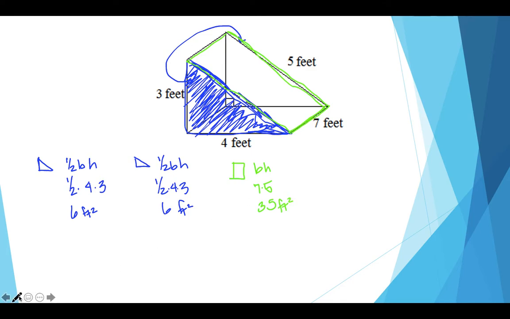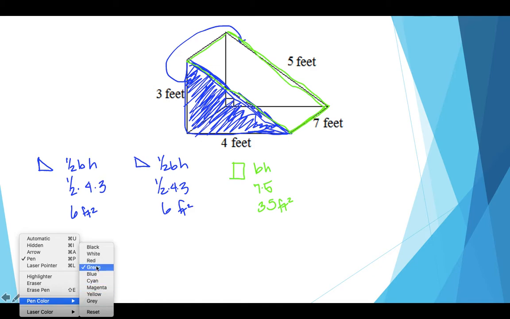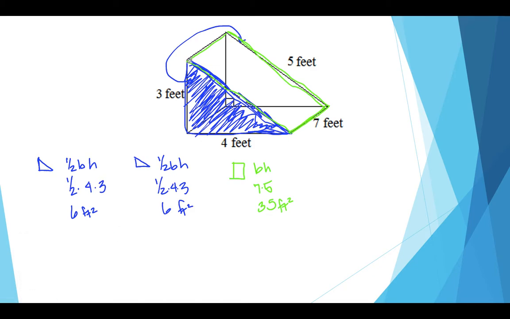Okay, we have two more rectangles in this drawing. Now they get harder to see, so I'm actually going to highlight them in different colors. We've got this rectangle that's over here on the left-hand side of the prism. You can see that. So that's another rectangle. Nice and easy, base times height or length times width. This is going to be 7 down here times 3. So 7 times 3 is 21 square feet.